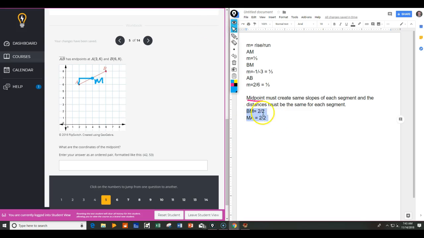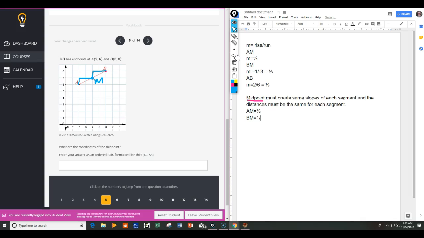So we created that AM had a slope of 1 divided by 2, and now we should check that BM has a slope of 1 divided by 2, which is up 1 over 2, it does. So we did create that midpoint correctly.